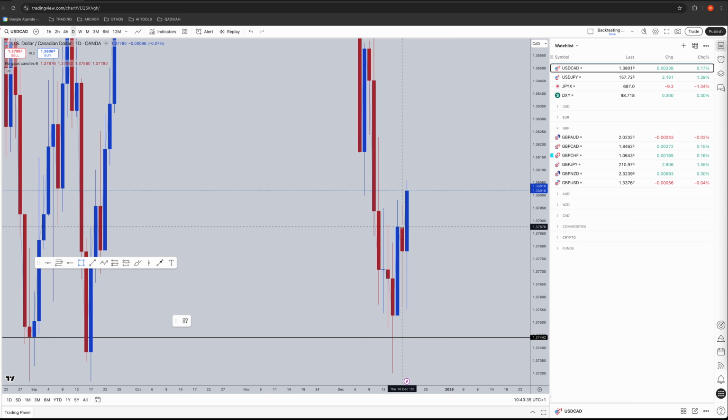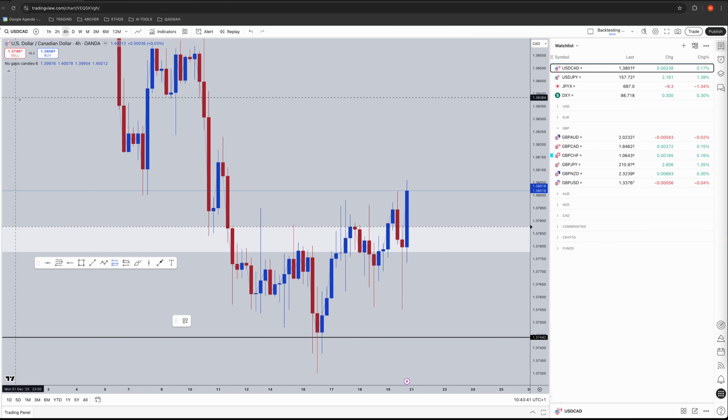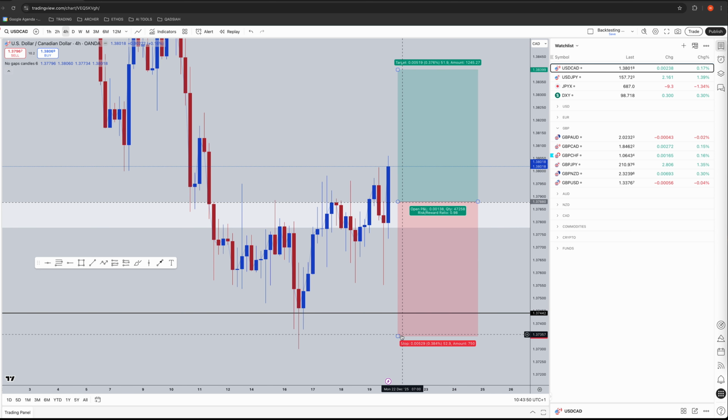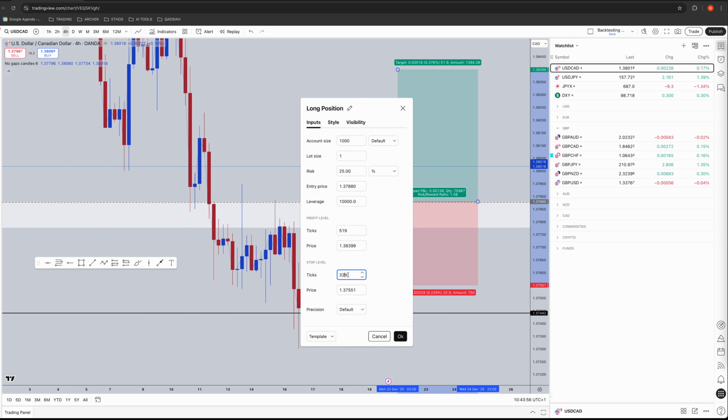So I will mark out my box right here. And if we go to the 4-hour, I will take a long position, round off my trades on a round number, and my stop loss will be placed 5 pips below the last wick.